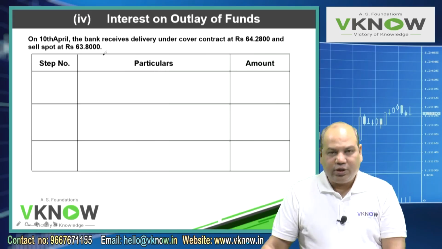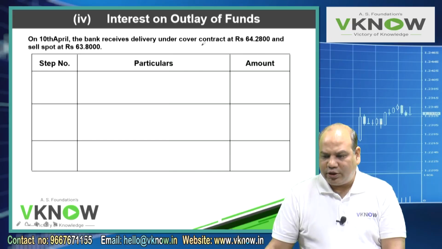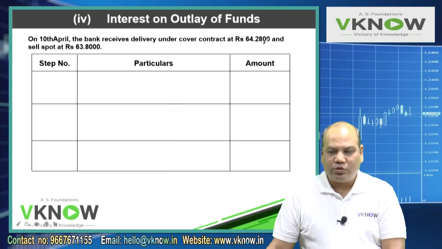So write down, on 10th April, the bank receives delivery under cover contract. Under cover contract means contract with the interbank at rupees 64.2800 and sells spot at rupees 63.8000. This is my fourth answer, interest on outlay of fund.